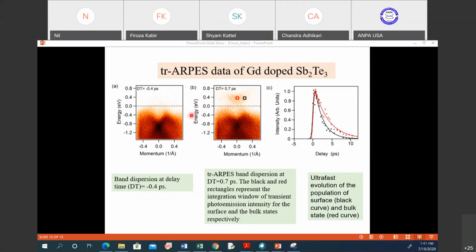You can see the band dispersion at delay time -0.4 picosecond, where there was no electronic structure above the Fermi level, but at 0.7 picosecond, we see some feature here, which confirms that there is a Dirac-like cone above the Fermi level.